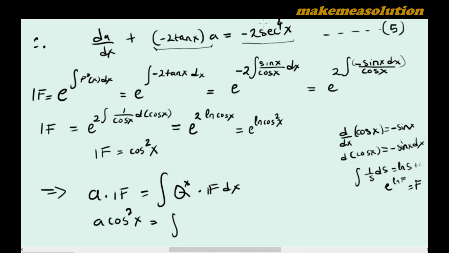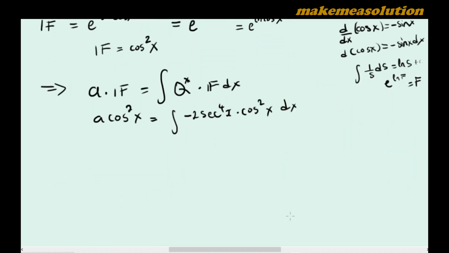Remember, the original q is just sec to the power of 4x, and the augmented q is the q that is multiplied by the factor 1 minus n, where n is 3 in this case. So we now have negative 2 sec 4x, and the integration factor is cos squared x dx.